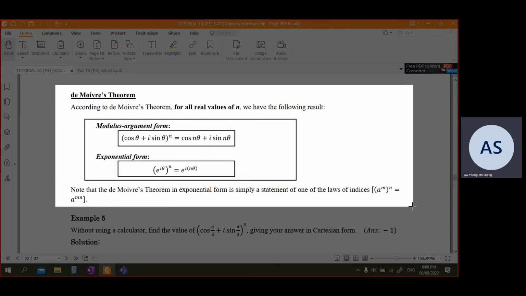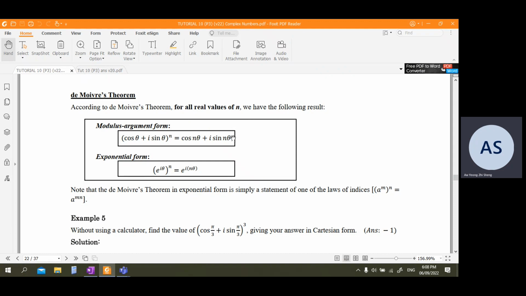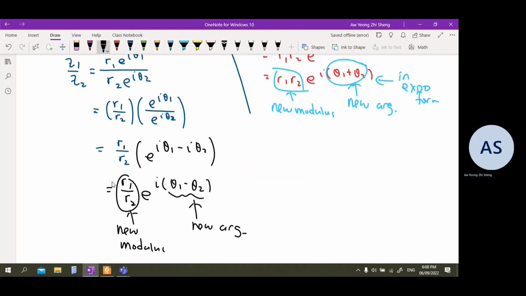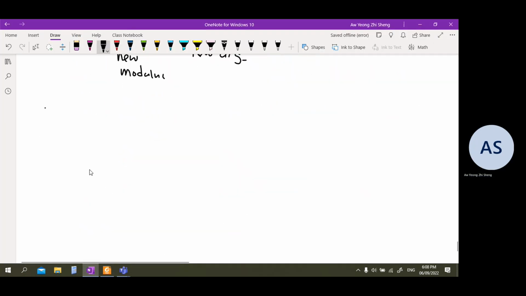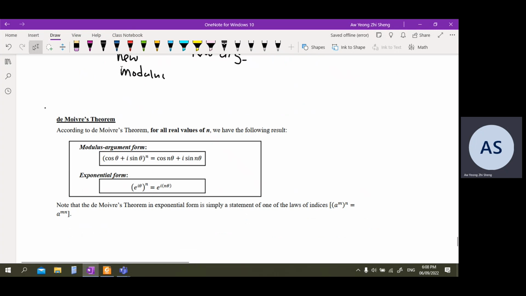According to de Moivre's theorem, for all real values of n, we have the following result. If you have (cos theta plus i sin theta) to the power of n, the power n can just be multiplied into the angle theta, giving you n theta straight away.